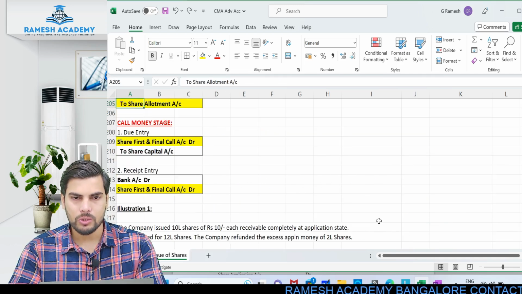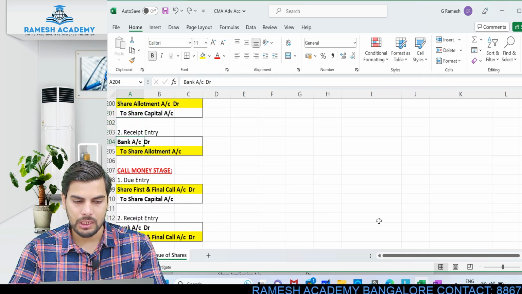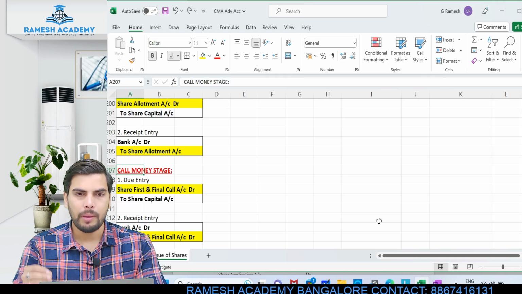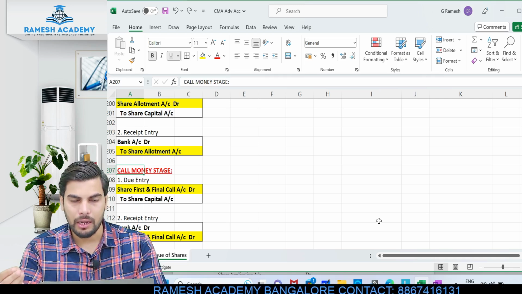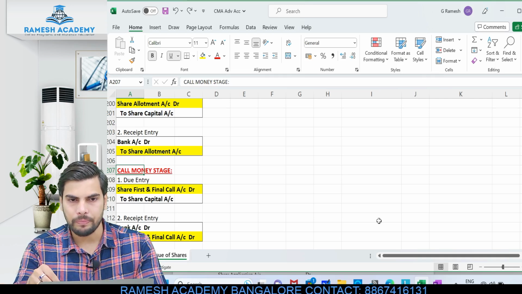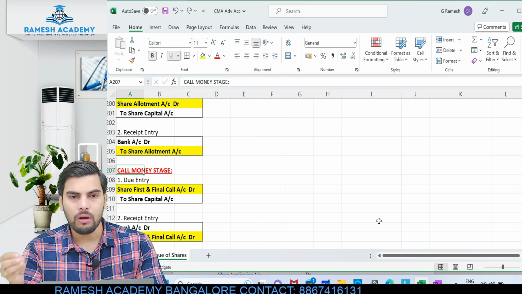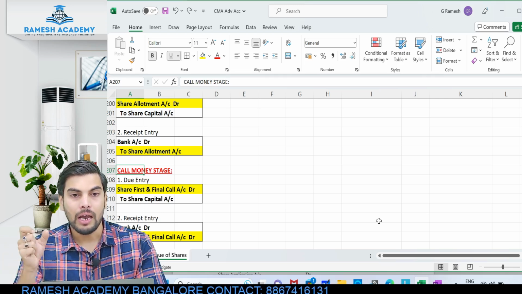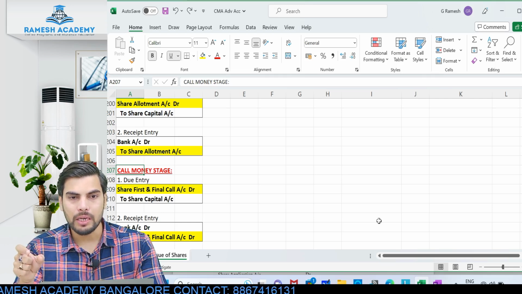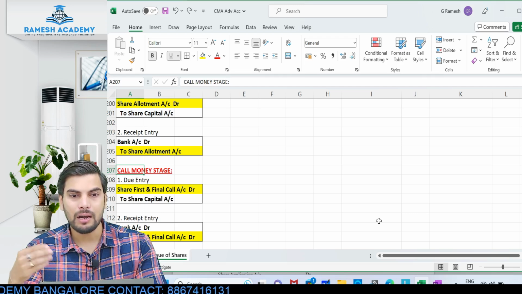I hope you understood why we don't pass the due entry first and the receipt entry later when it comes to the application stage. Remember I told you the reason? Because the company will not be aware of how many people will actually be applying. The entry for application money received depends upon the actual applications subscribed, or the number of shares for which the public are willing to subscribe.